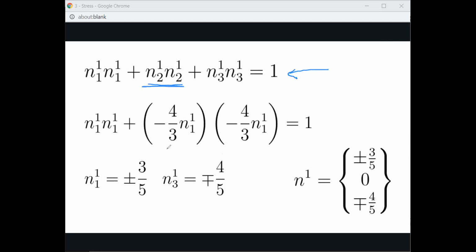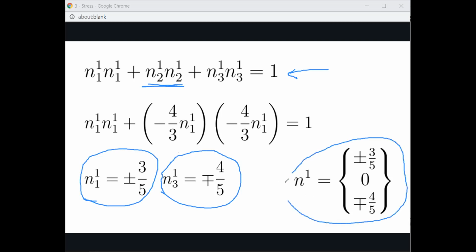And then solving for n11 here, we get this value, right? And then substituting to get n13, we get this equation. So all in all, we get this direction. So this is the direction of the principal stress equal to 25. Okay.